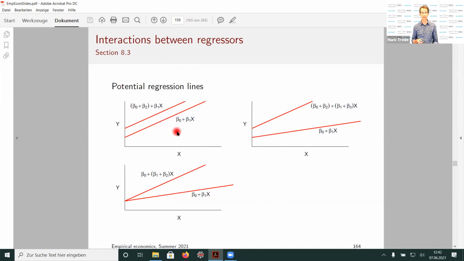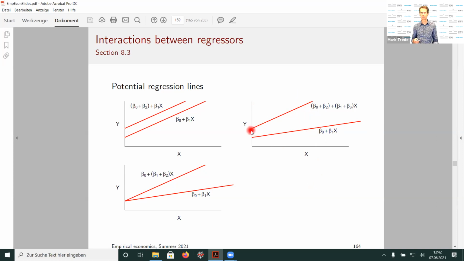We might have the case where the slope coefficient is actually the same, but the intercept is different. So in that case, both have the same slope coefficient, beta 1, but the intercept would be different. We could have the case where the two regression lines are completely different. They could intersect, but they need not. It could look any way. One might be steep, one might be less steep, like here.